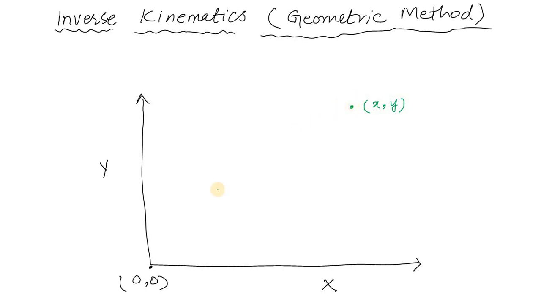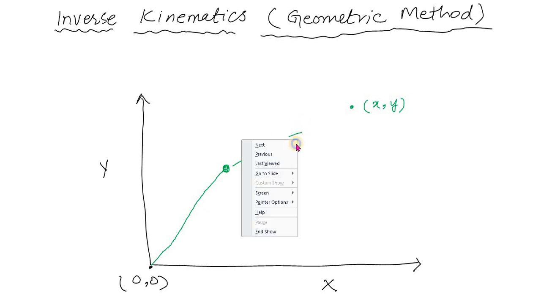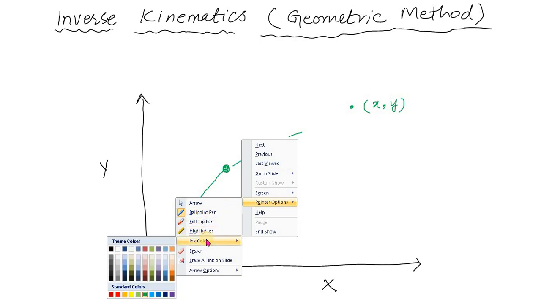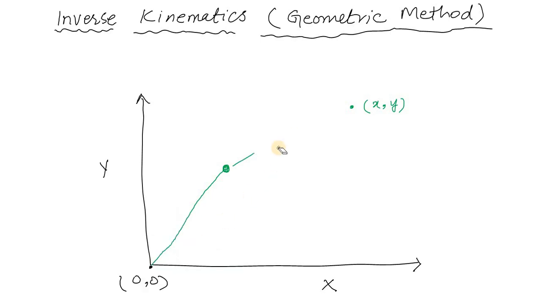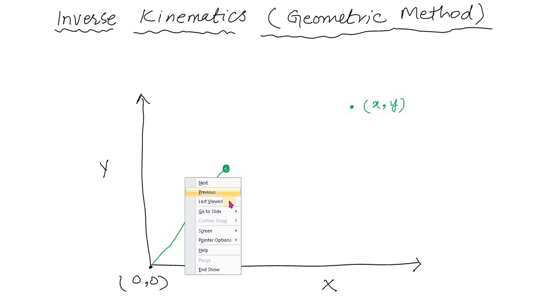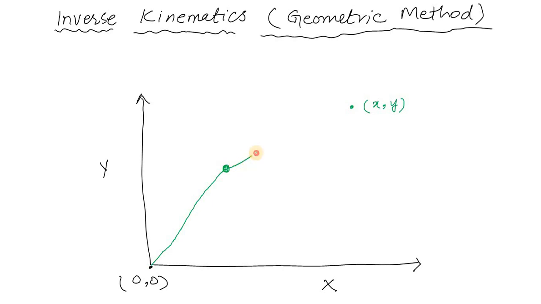So yeah, let's say we don't know the angles yet, and we assume that the angles are having any general value. So this is joint 1, and here we have joint 2.